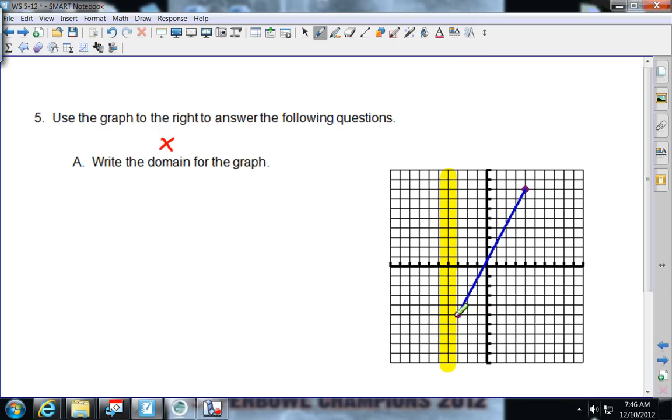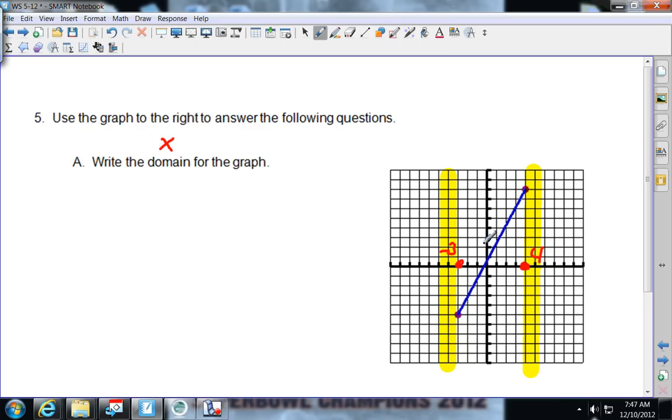My X starts right here at -3, and the X goes all the way over to 1, 2, 3, 4. Every X number between -3 and 4 is the domain.